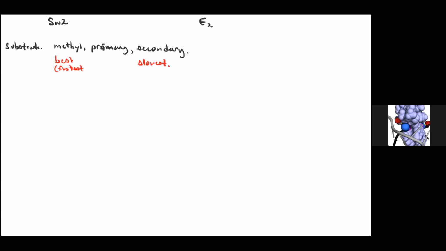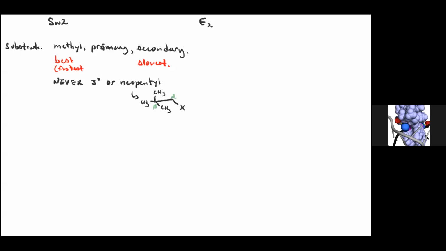SN2 displacement is going to be favored when our substrate is not branched. Let me say one other thing too: it is never a tertiary substrate, never tertiary or neopentyl. You'll recall that neopentyl is this type of structure where you've got a tert-butyl group at the beta position.